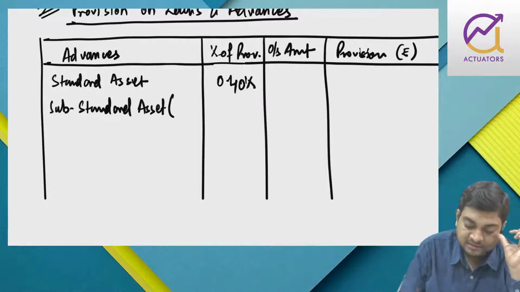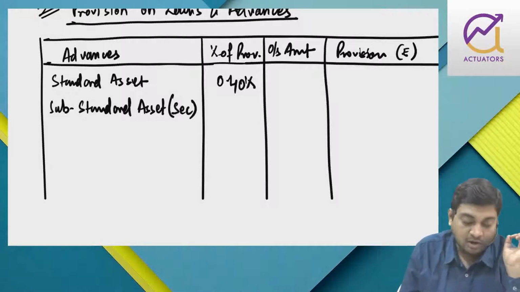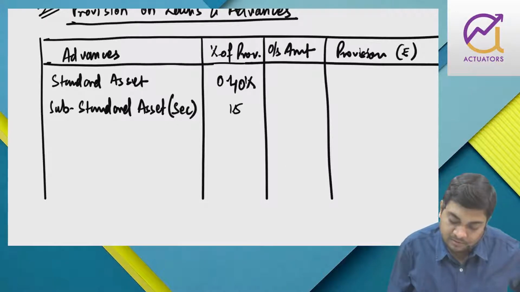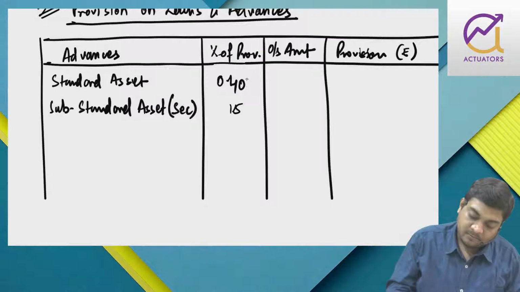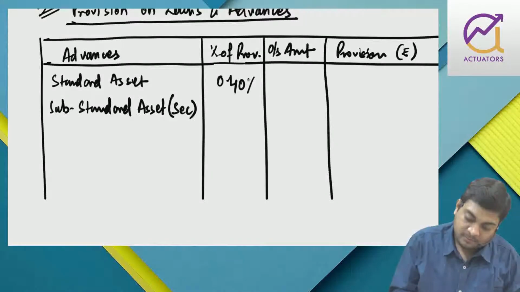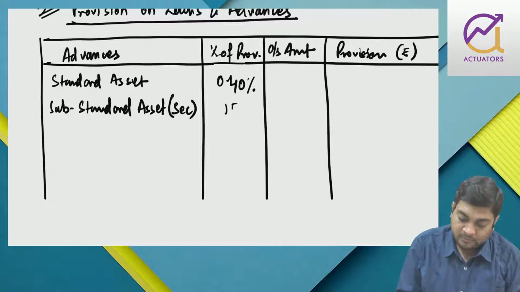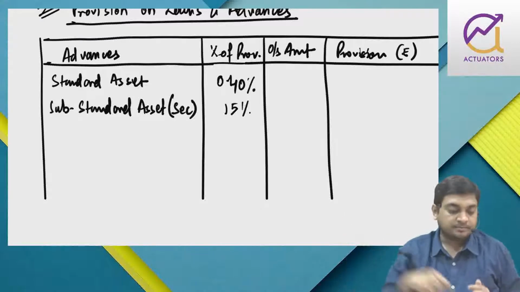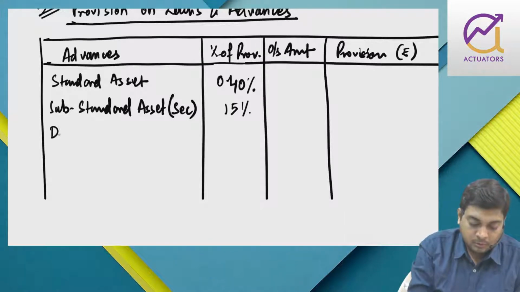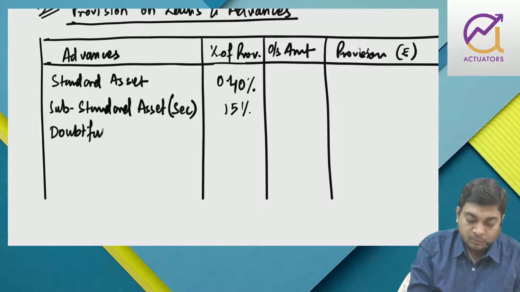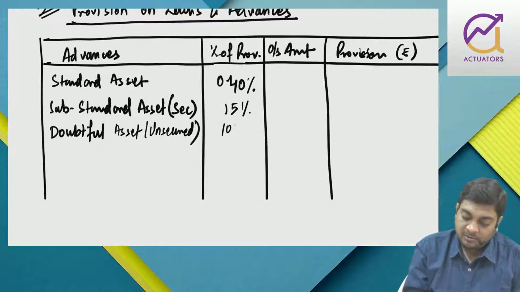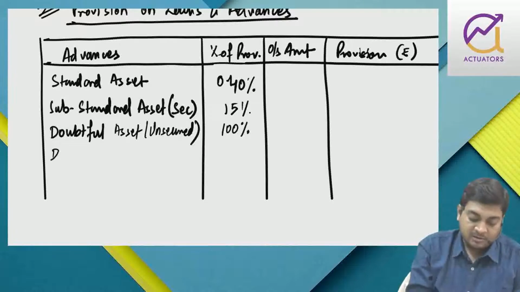Substandard asset, we will assume that it is secured, 15%. Doubtful asset, unsecured, 100%.